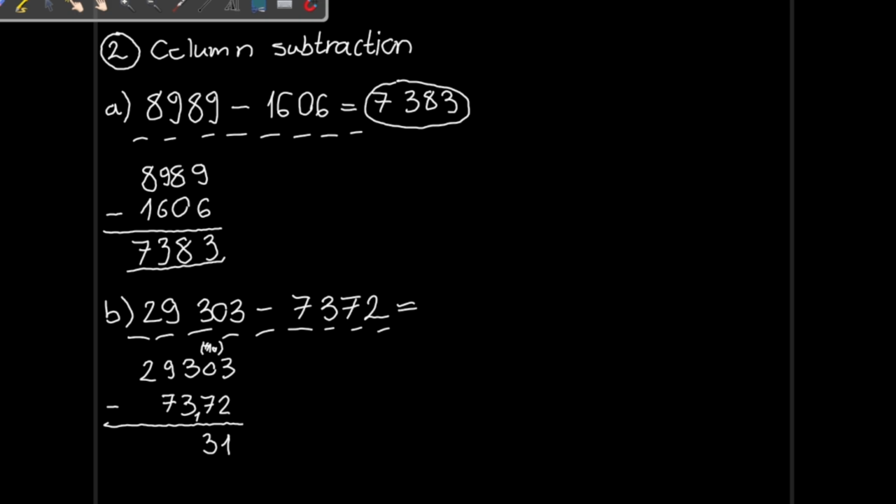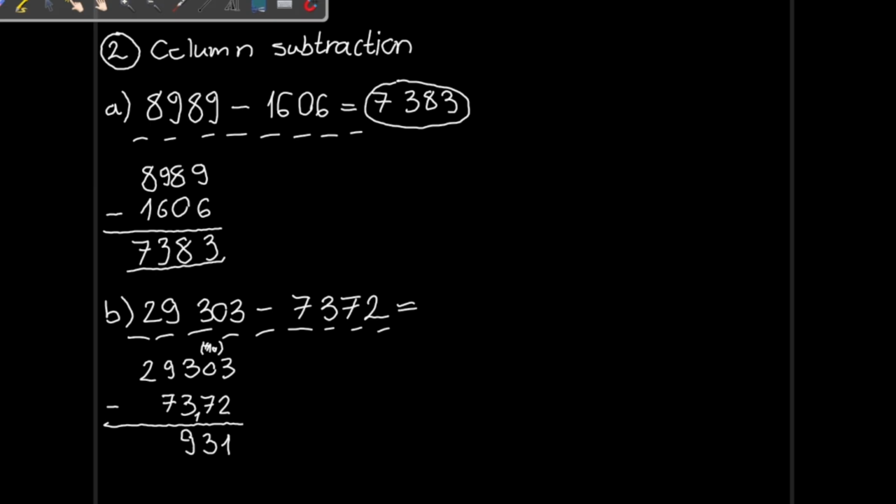So we have 3 minus 4, and this is smaller. This 3 is smaller than 4. So we need to add 10 here as well, and then we will have 13 minus 4, which is 9.